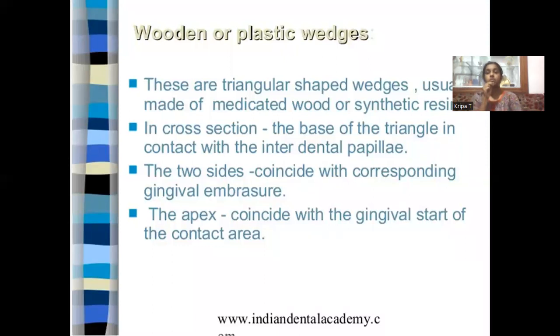In cross section, the base of the triangle will contact the interdental papilla, two sides will coincide with the corresponding embrasure, and the apex of the triangle will point towards the gingival start of the contact area. You can use triangular wedges of wood or synthetic resin. Medicated ones are also available.